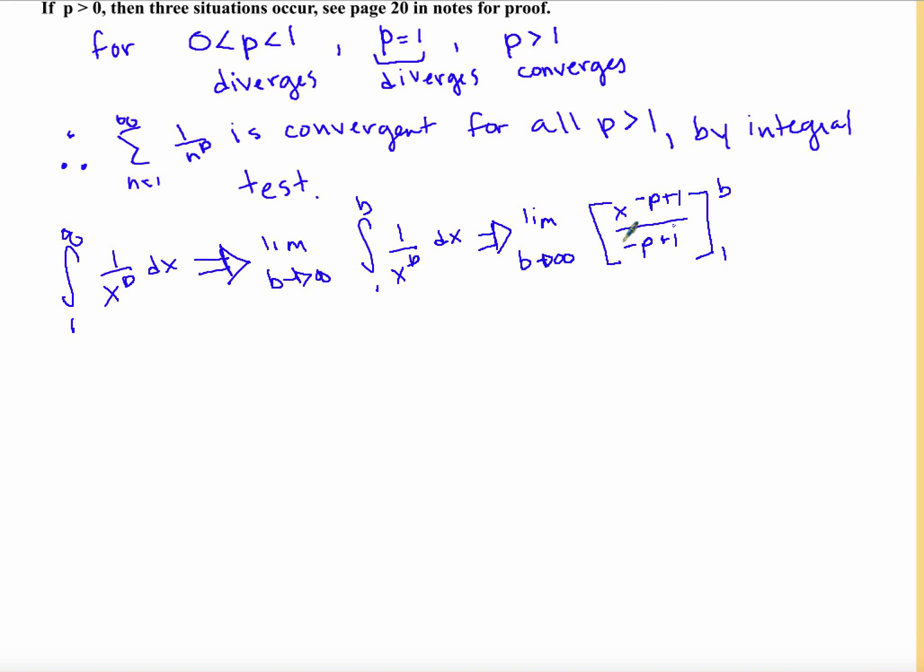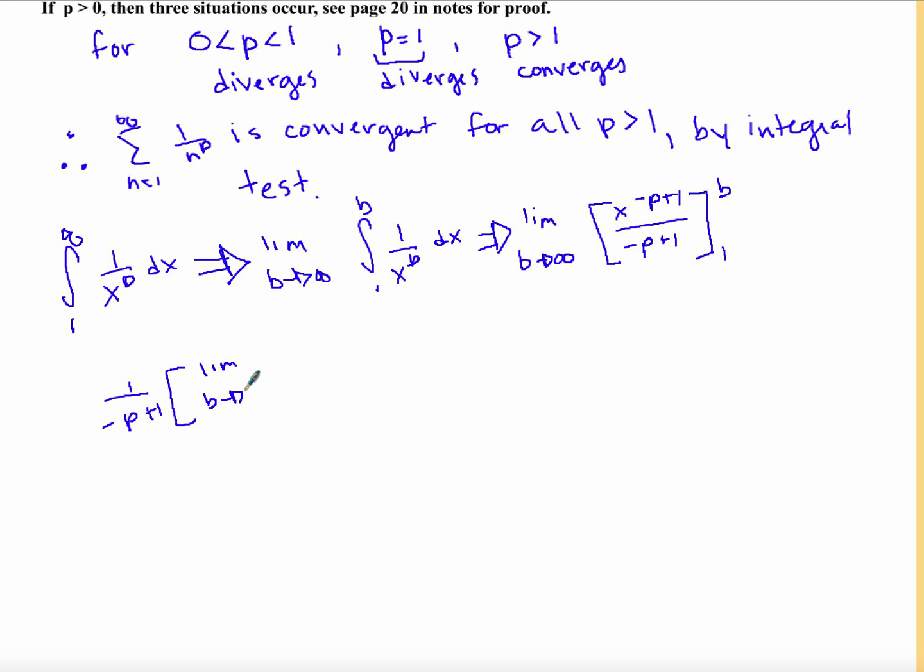Okay, so before I take the limit, I see that this whole denominator doesn't even have any x's in it. So this is really not going to affect my substitution of 1 and b in there. So I'm going to just pull that out to the front. This is one of our rules of limits that we can use. And then we can just multiply it to our result at the end.